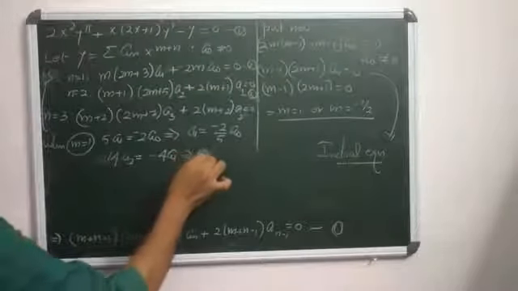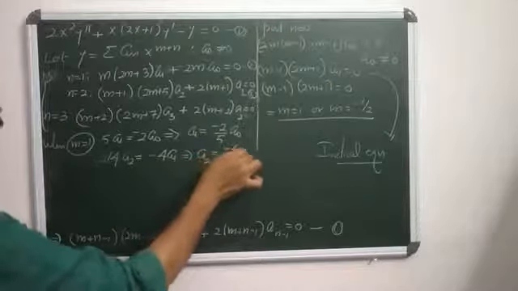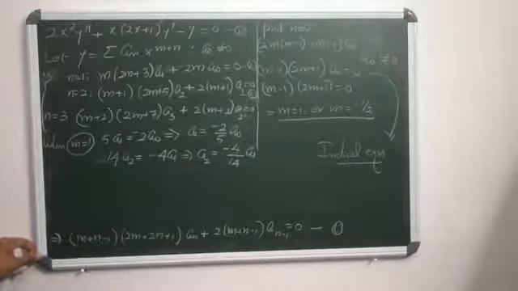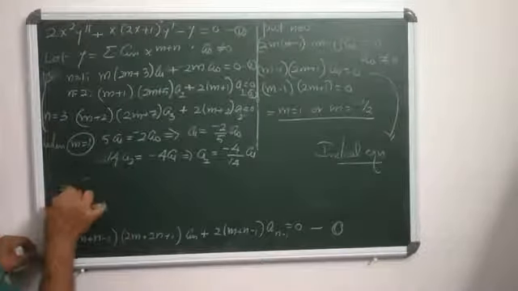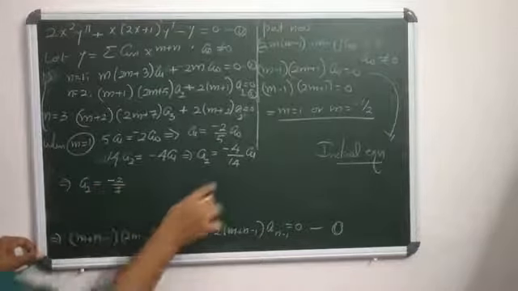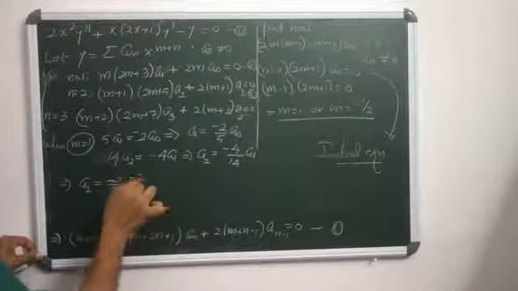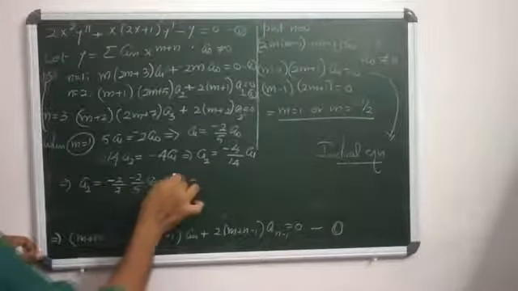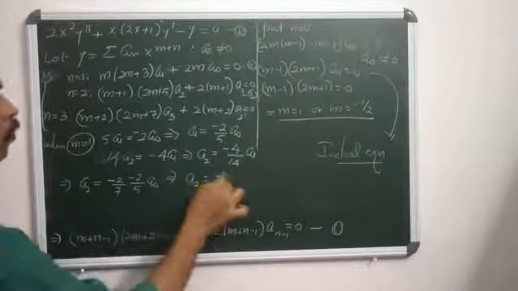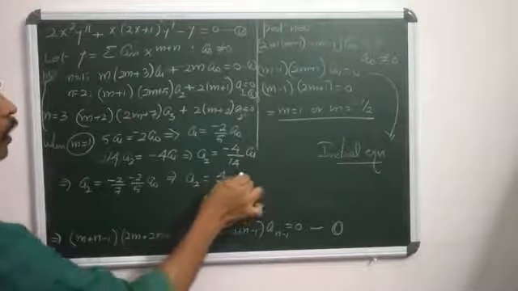That means, what is a2? a2 equals minus 4 by 14 a1. So a2 equals minus 2 by 7 into, what is a1? Minus 2 by 5 a0. So a2 is again expressed in terms of a0, that is 4 by 7 into 5, that is 5 a0.